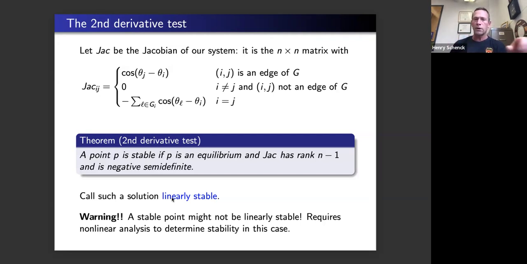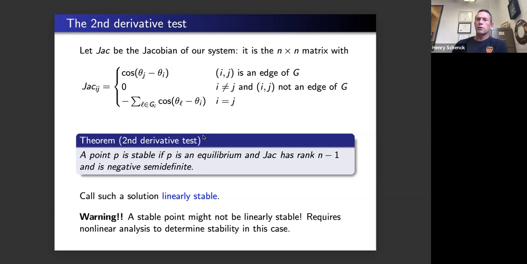So what we're going to do is only look at sort of the Hessian test. When we plug in our point, we found a solution, so the theta i primes are all 0. We then plug that point into our Jacobian matrix. If we have all but one eigenvalue negative, that's going to be called a linearly stable solution.